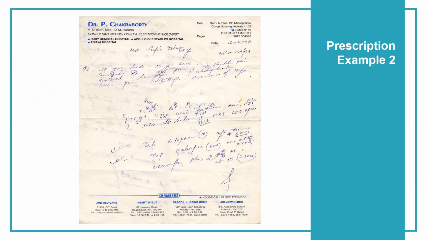This is the complete prescription, and the handwriting, that's what I was saying. In a handwritten prescription, understanding the handwriting and spelling mistakes can be a problem. Nevertheless, e-prescriptions are taking over handwritten prescriptions these days in most hospitals.